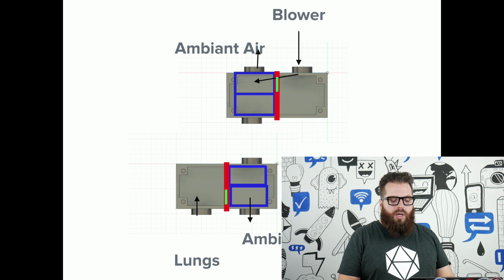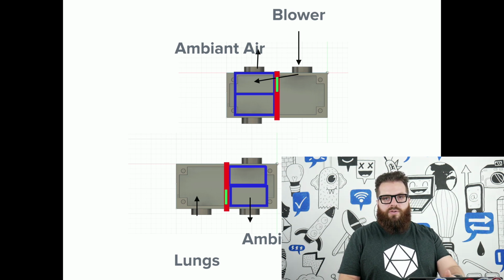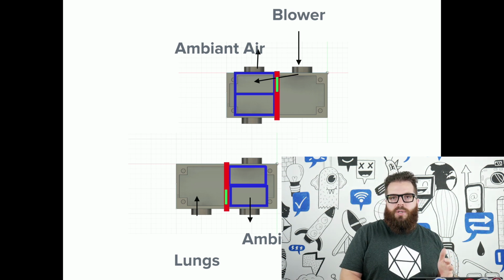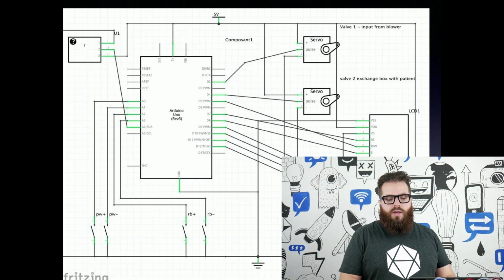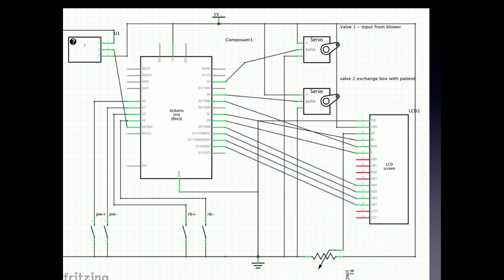Then we open to the ambient air the ability for the lung to decompress. But as we can push a little bit, our pressure sensor, which is after the lung gauge, will be able to give a little bit of pressure, but not too much, so as to not totally deflate the lung. So that is how we can define the plan.